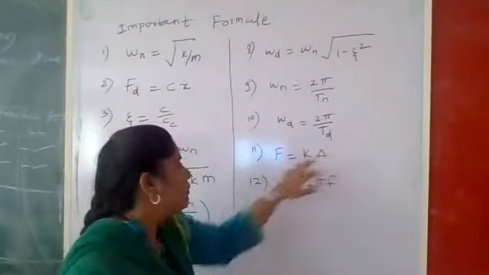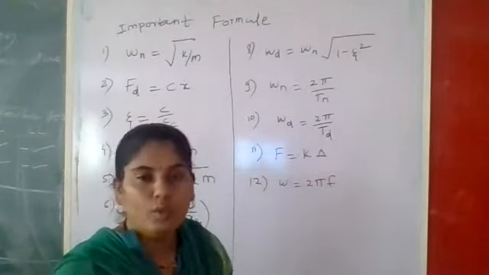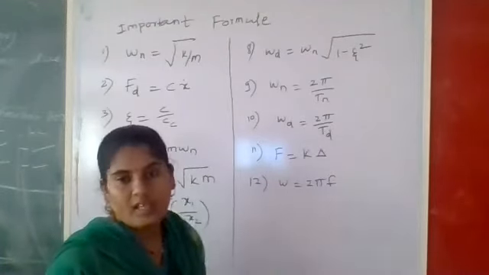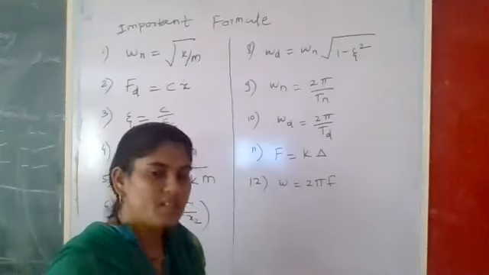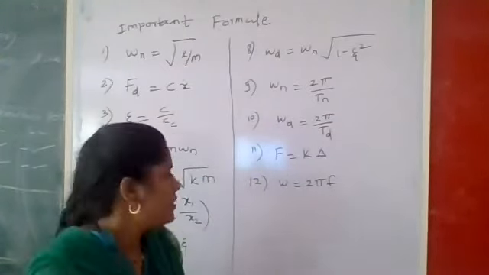And the basic formula F is equal to K into delta, where K is the stiffness and delta is the displacement.